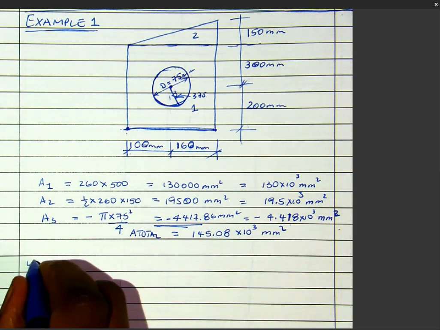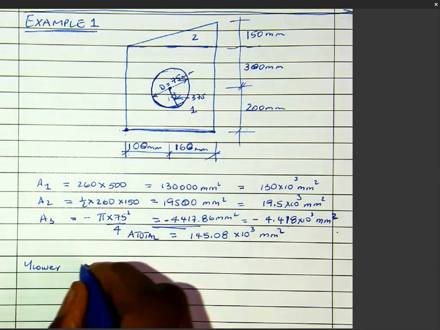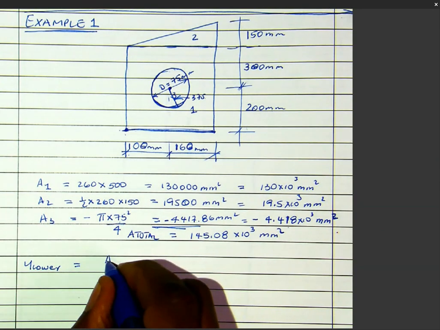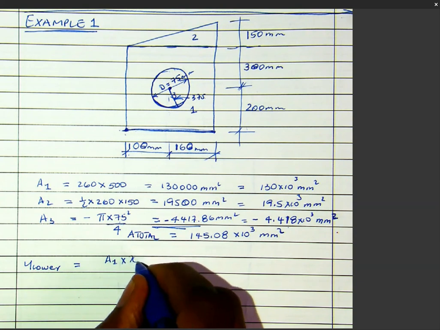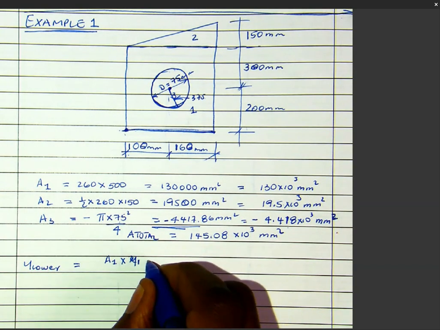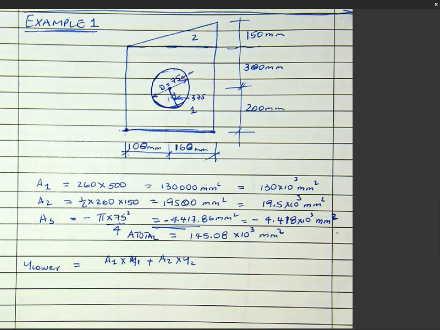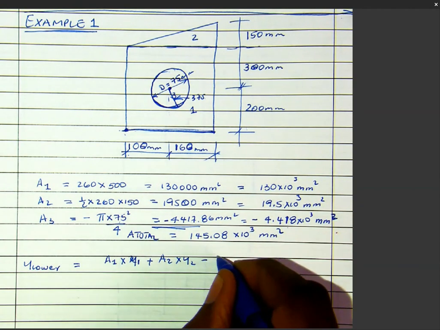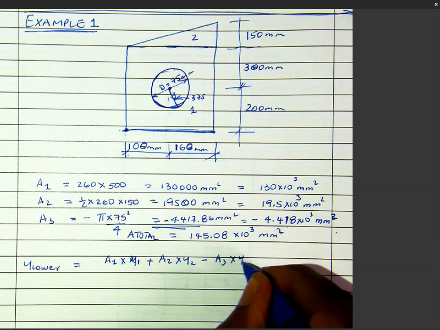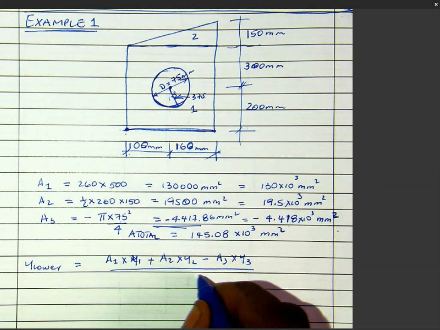So y lower, that is my x bar but considering y, y lower is equal to area 1 times y1, because I'm measuring along the y-axis, plus area 2 times y2, minus area 3 times y3, divided by the total area.